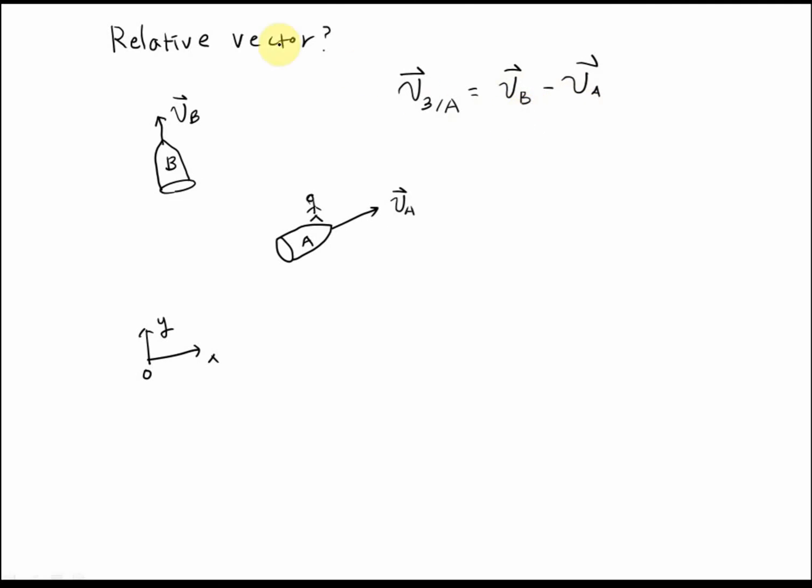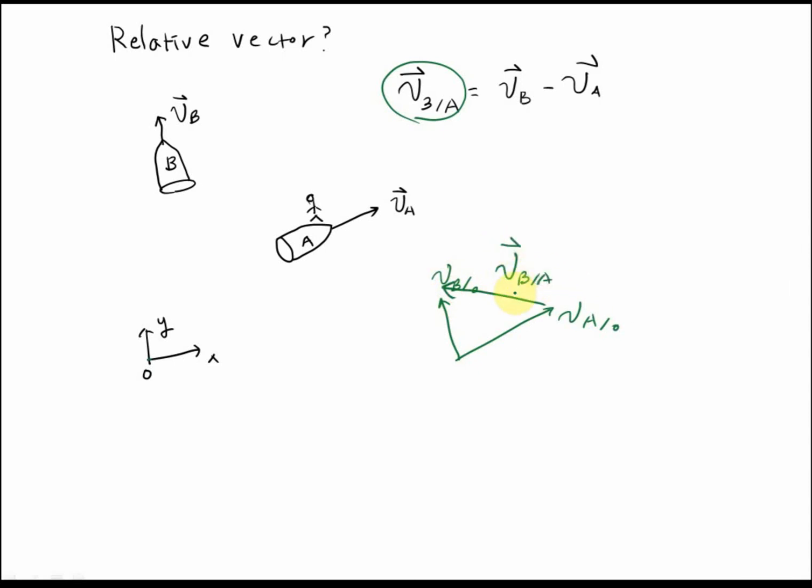Okay. So if I show this graphically, let's say this is the vector a with respect to o, and this is vector b with respect to o, then my relative velocity is pointing to b from a.